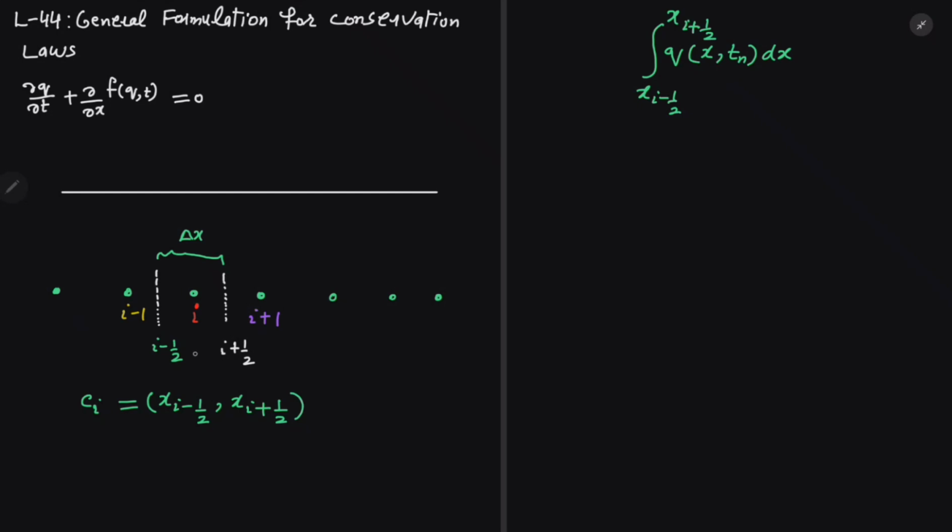And the average value of q over this interval, this volume, is 1 over delta x, which shows the length of this interval.